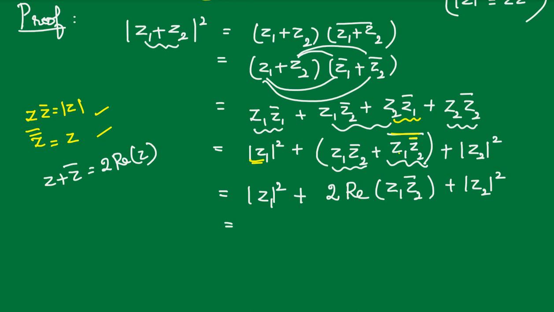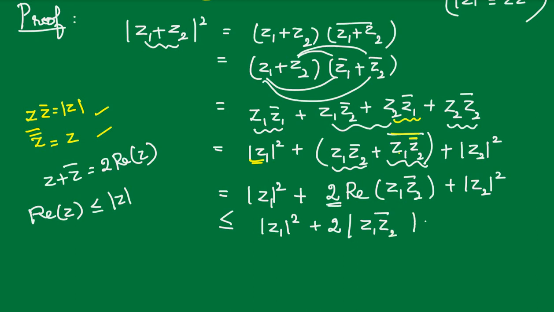We know that real part of Z is less than or equal to modulus of Z. So in this step, I give the less than or equal to sign: modulus of Z1 squared plus 2 times modulus of Z1 Z2 bar plus modulus of Z2 squared.